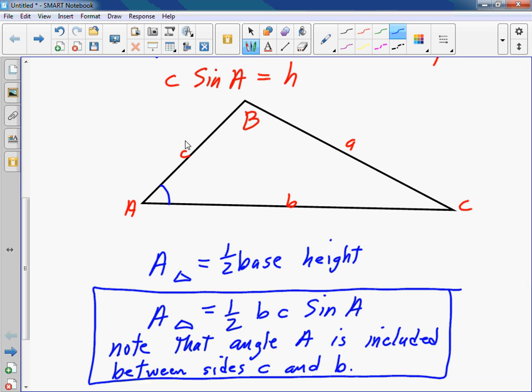You got to think sassy. Side, angle, side. It has to be included. It has to be sandwiched in between C and B. Vital. You got to have it.